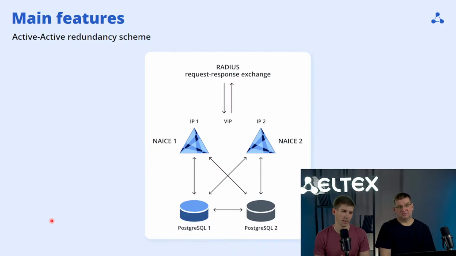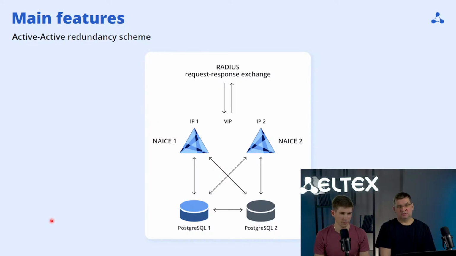The redundancy of the network access device system is a very important thing, and as you can see in this scheme, for the redundancy scheme we use 4 nodes, 2 nodes used for PostgreSQL working in a cluster, and 2 nodes used for NAICE.